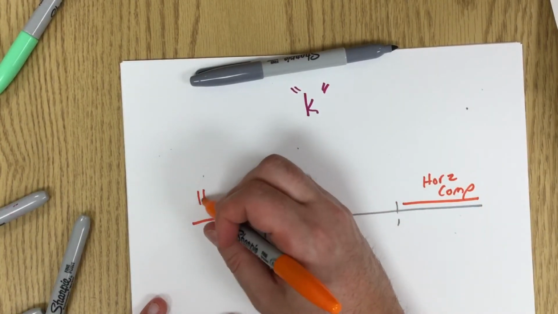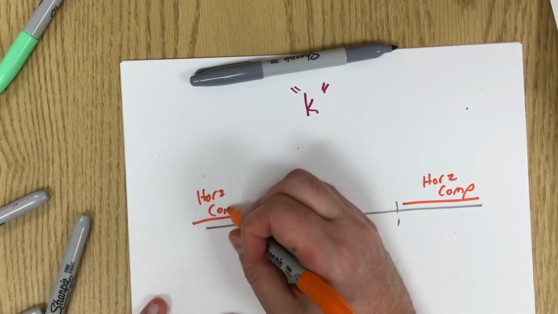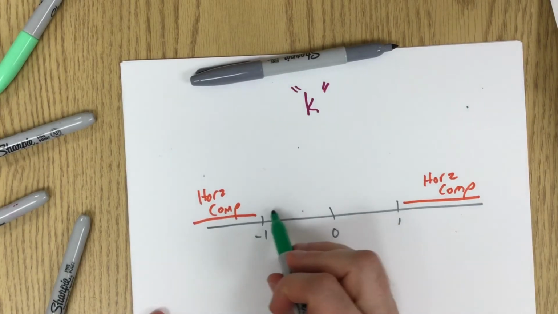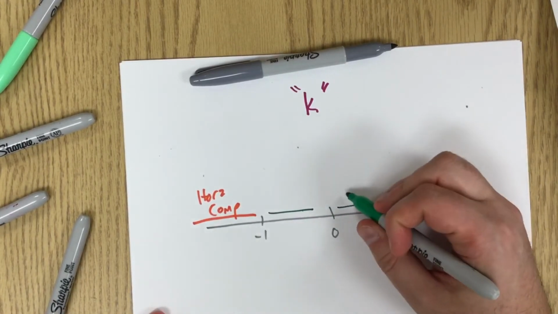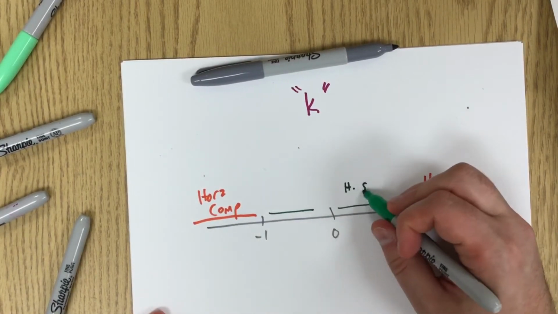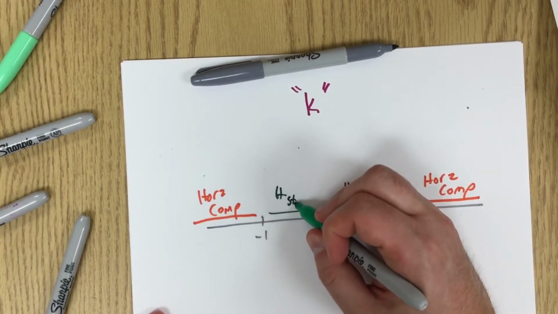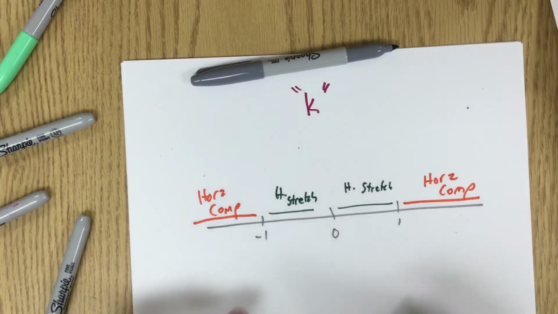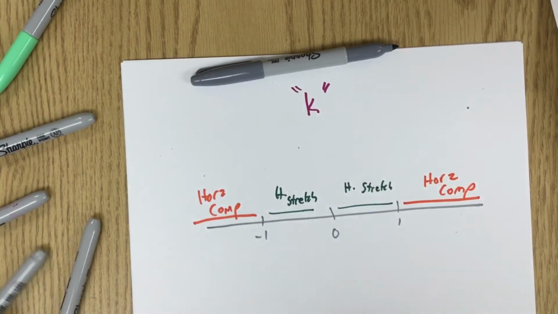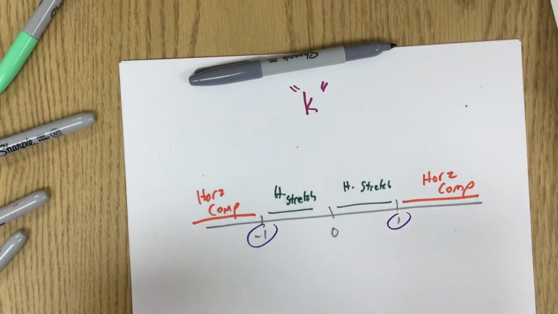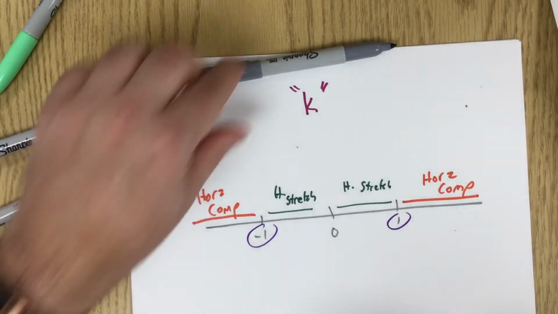So this over here is a horizontal compression. And if it's there or there, this is going to be a horizontal stretch. And again, if k is 1, then there's no stretch or compression, and if k is 0, things have gone terribly awry.